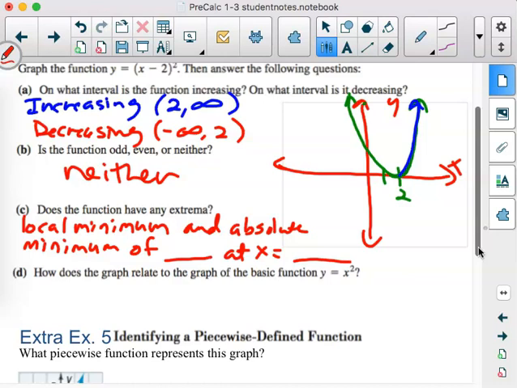The focus is on the y's. So what's the lowest y value this is going to get to? Natalie, lowest y value? 0. It's this point right here. There's our lowest y value. And it's pretty obvious it's going to happen at 2.